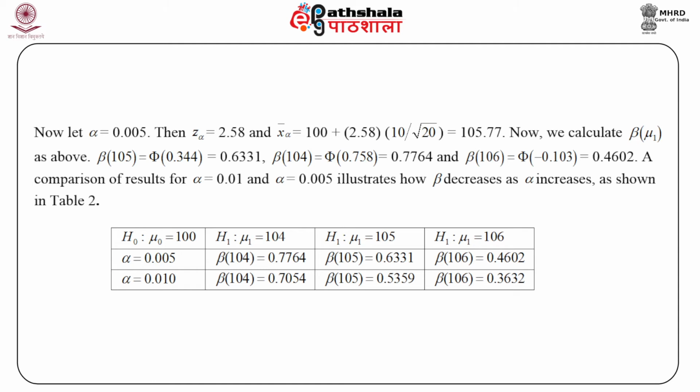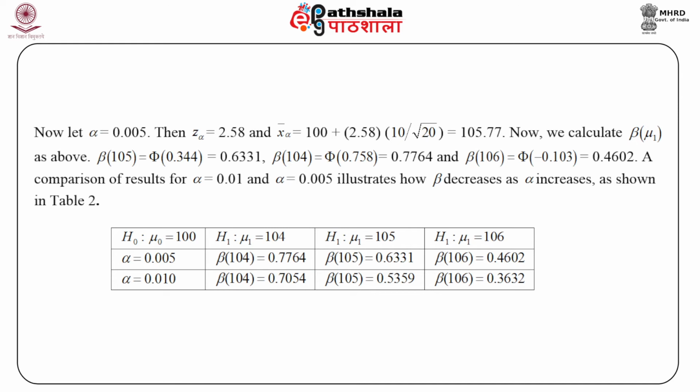A comparison of results for alpha equal to 0.01 and alpha equal to 0.005 illustrates how beta decreases as alpha increases, and is also shown in table 2. So we have the null hypothesis where mu 0 is equal to 100, and we have alpha equal to 0.005 and alpha equal to 0.010.